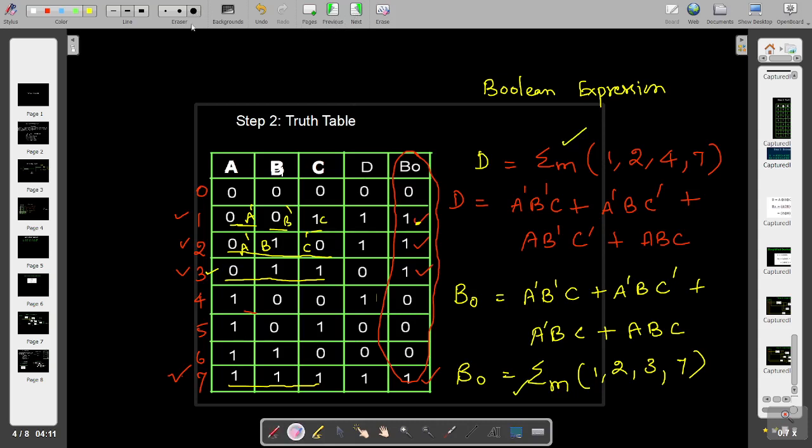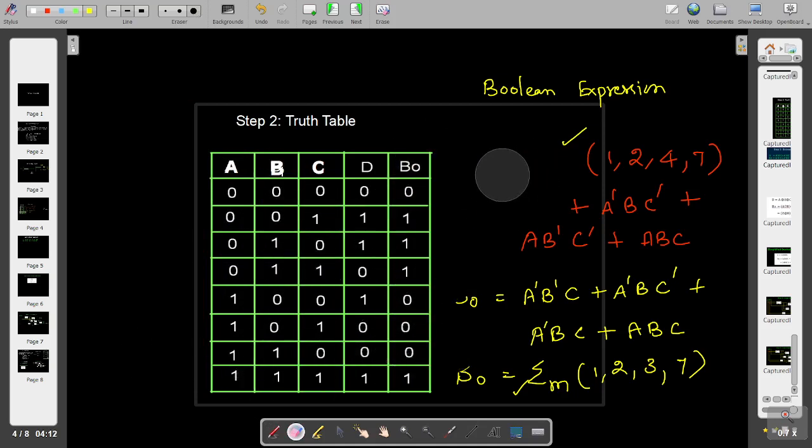But I don't prefer the simplification using K-map because it is not giving you the necessary simplification. So I'm not going into that, and I'm going to directly simplify it. Sorry, this is D is equal to sigma m. So it is A bar B bar C. Okay, right. So we move on to the next.